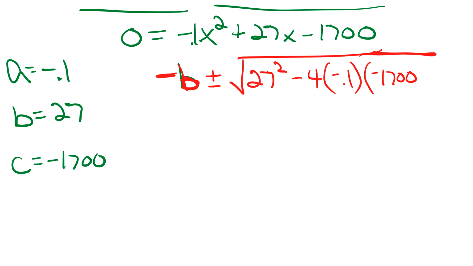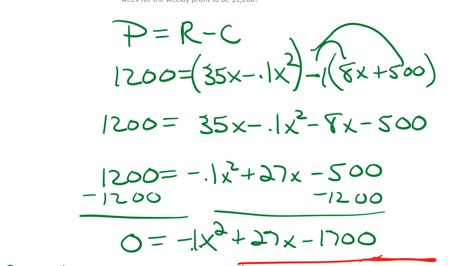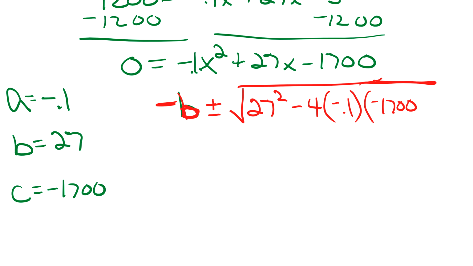Let's go that way. That is not right. Let's see where I messed up here. Okay, so let's fill in our numbers doing that, and oh, I forgot my negative b, which is -27.